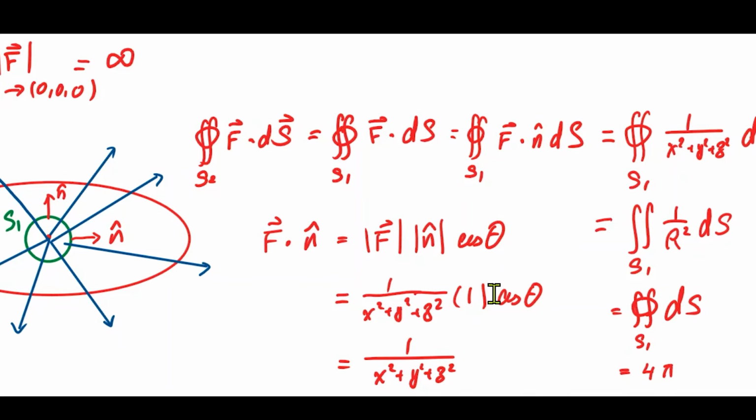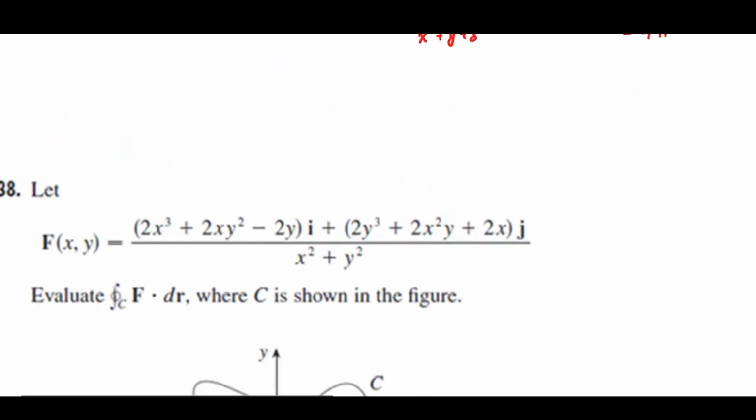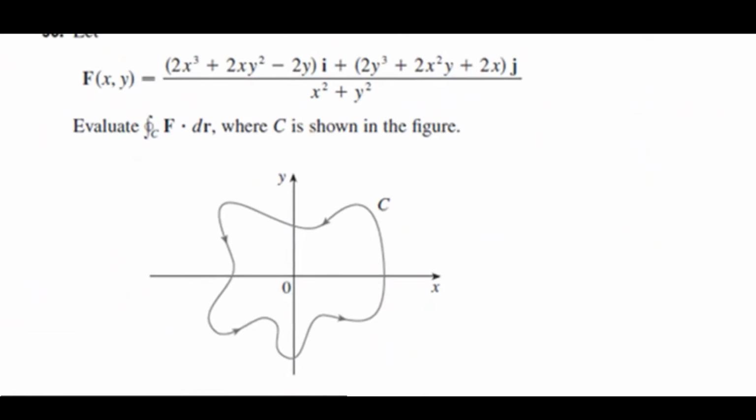Okay, then we'll move to problem 38. 38 looks like this. Ew, how did they come up with this kind of problem, right? Okay, we have to evaluate the integral of F dot dr. Good.